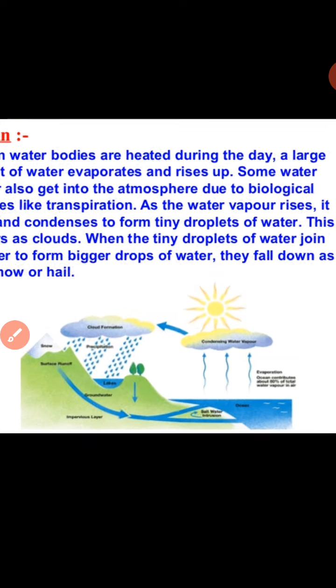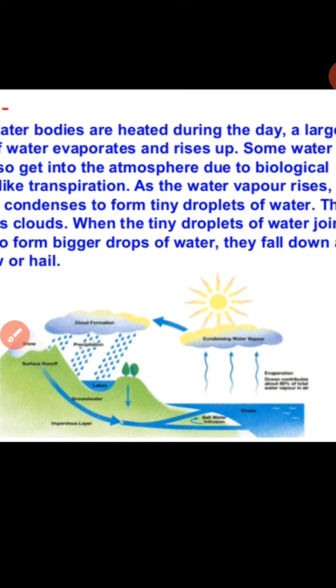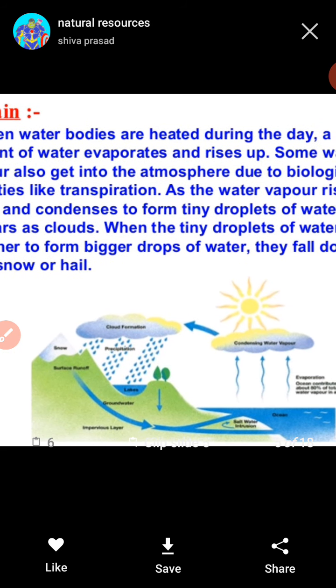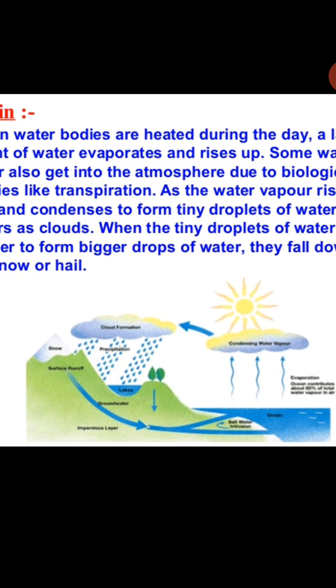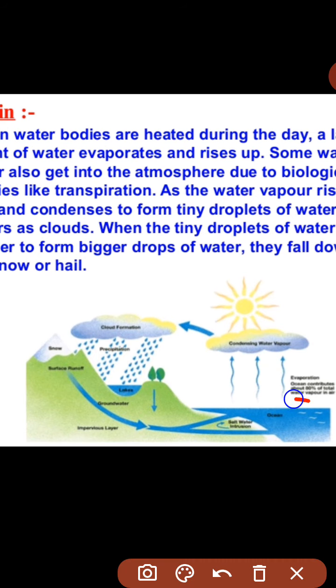Here you can see the whole process of transpiration and evaporation in this picture. From the water bodies, the oceans, all the water rises up and evaporates. Here the water cools down and is condensed to form the clouds, right? When the clouds are formed, they become heavy with the weight of the water, and slowly all the water from the clouds drips down and forms the rain.